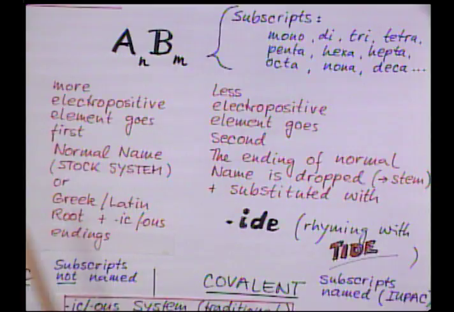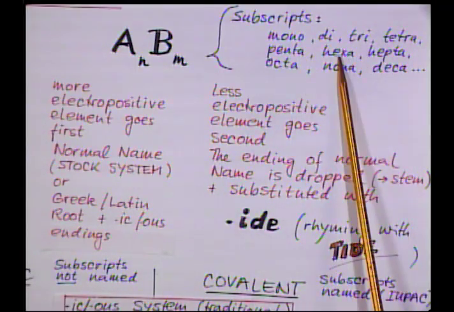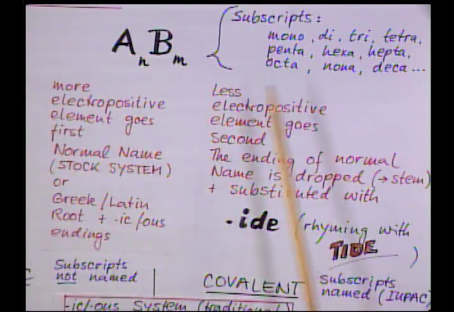Now, if we deal with an ionic substance, remember metal and nonmetal, then we are not supposed to mention the subscripts. When we use a covalent compound, then we must indicate the subscripts by their name, by the Greek prefixes like mono, di, tri, tetra, penta, hexa, hepta, octa, nona, deca, from 1 to 10 respectively.